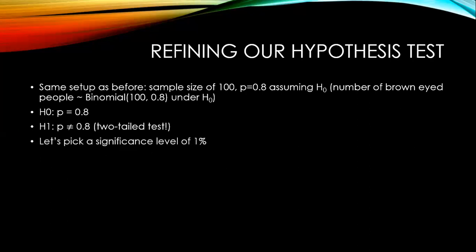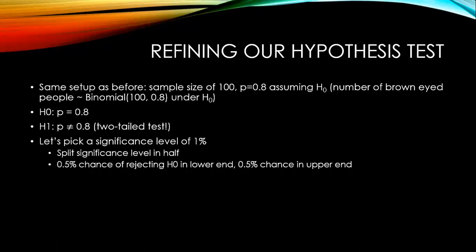Now, like we did before, we could pick the critical values, the critical region. We're not going to do that now. We're going to refine our hypothesis test by picking the significance level. Let's pick a 1% significance level. Because we're doing a two-tailed test, we need to split the significance level in half: a 0.5% chance in the lower tail, 0.5% in the upper tail.